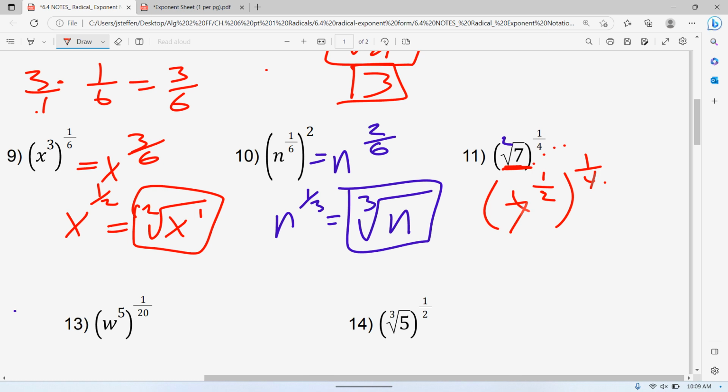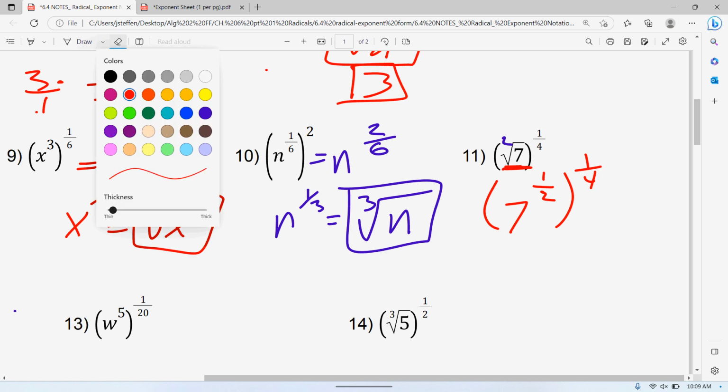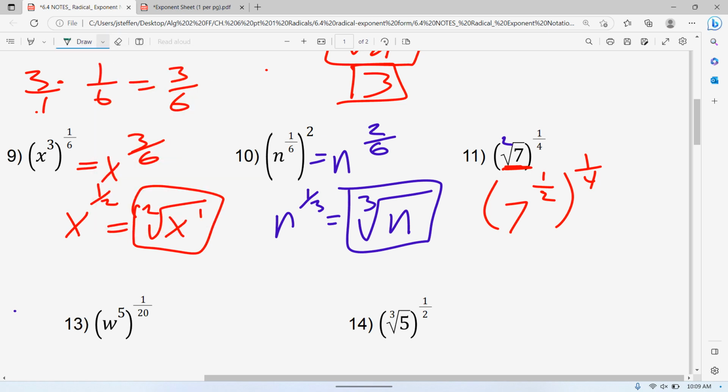Now I can multiply my exponents just like we did earlier. So 1/2 times 1/4 is 7 to the 1/8. Then once you have that, again, now it's the same thing as before.